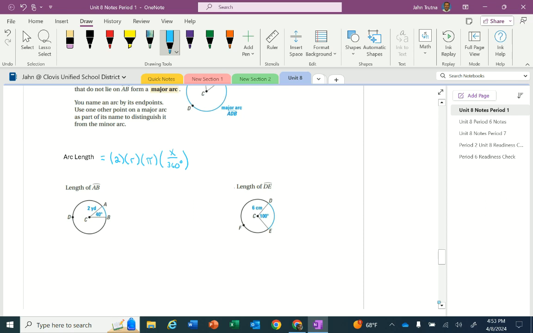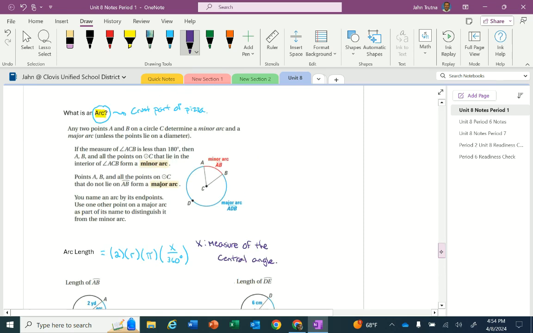And in this equation, that x represents the measure of the central angle.